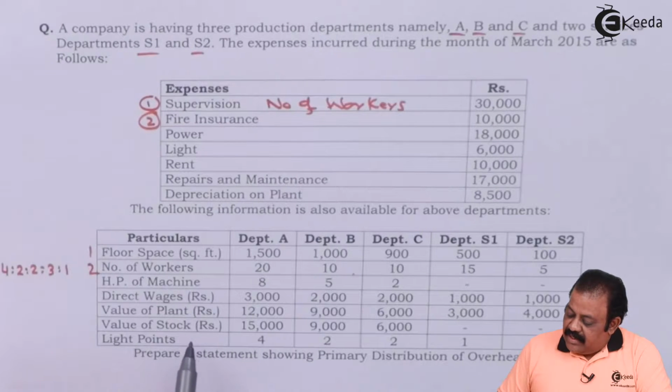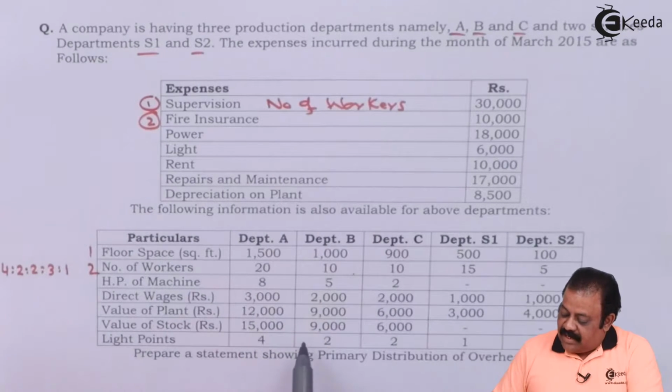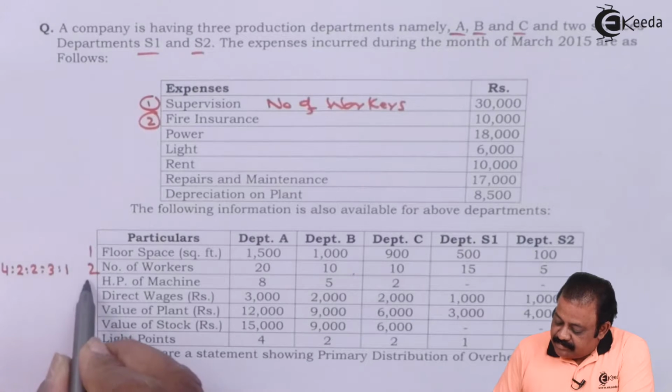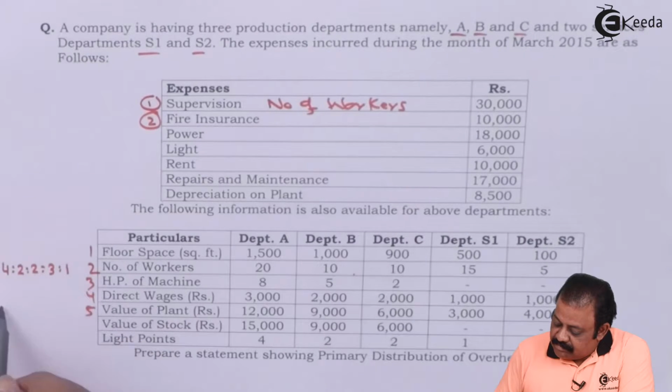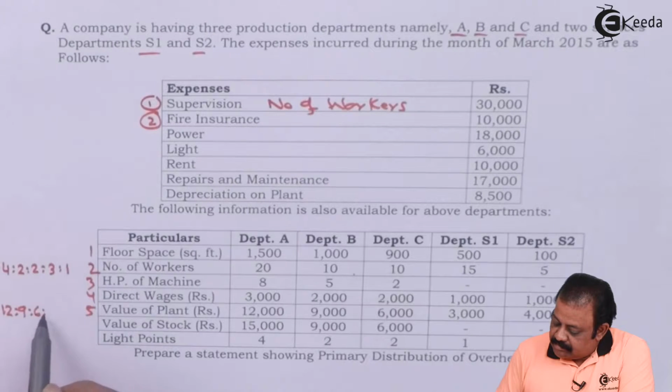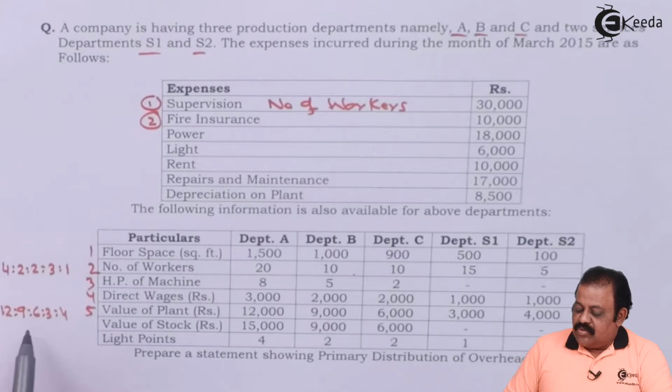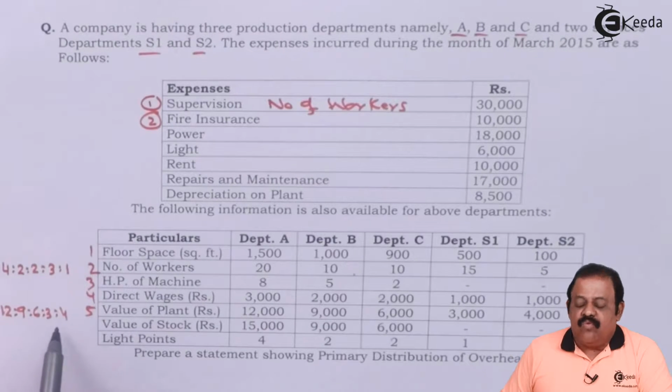So here they are not clear whether it is for plant or it is for stock. Here we will consider that fire insurance has been taken for the plants and we will value it as per plant values. 12 is to 9 is to 6 is to 3 is to 4.